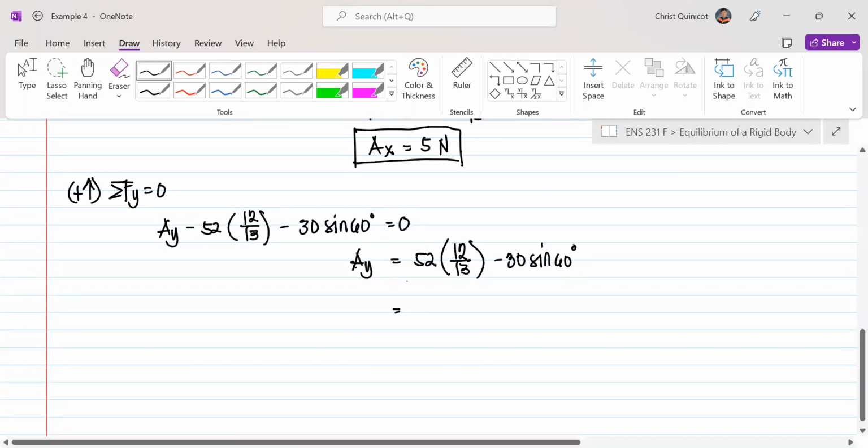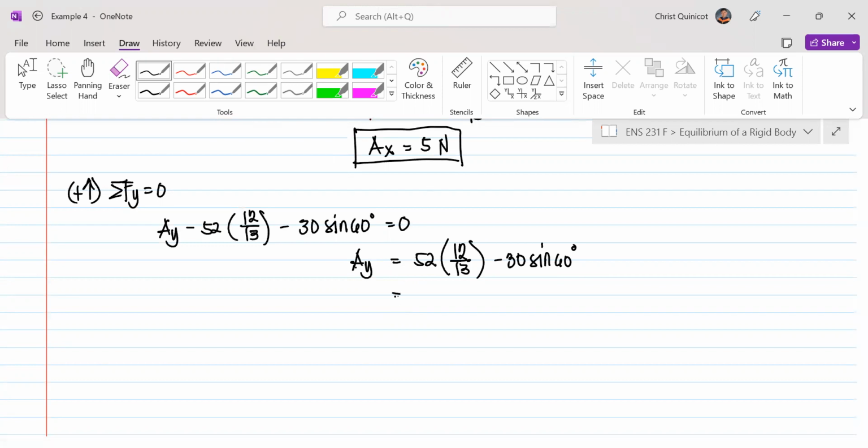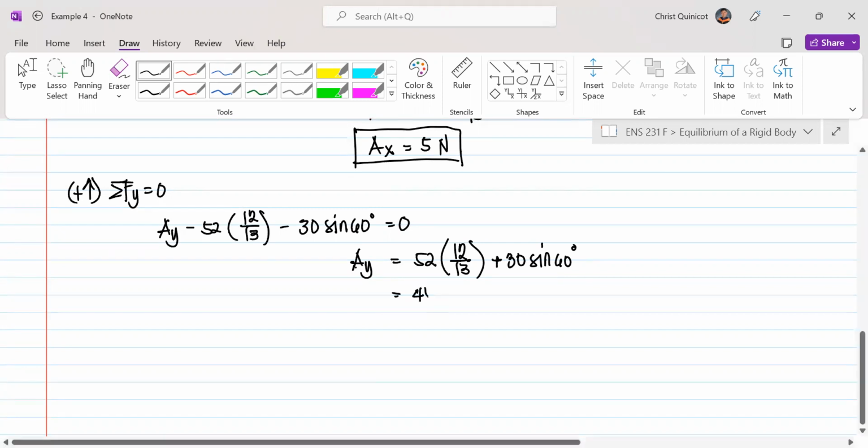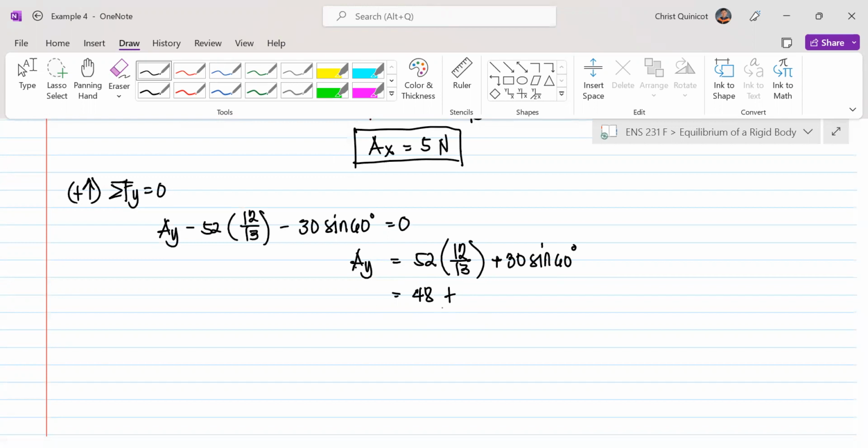Sorry, this is plus. 52 times 12 is 624 divided by 13, that is 48, plus 30 sine 60, that is 25.9807.